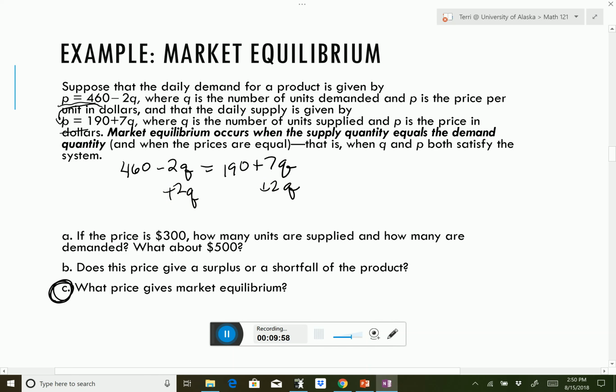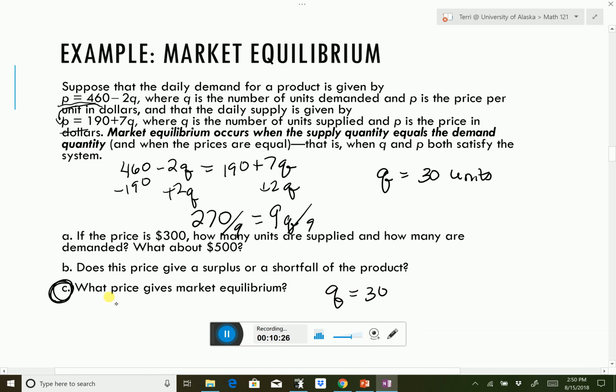They're fun. So 9Q equals 460 minus 190, which is 270. Dividing both sides by 9, Q equals 30 units. Okay, so we have a quantity of 30 units.